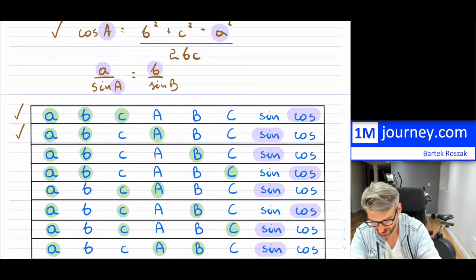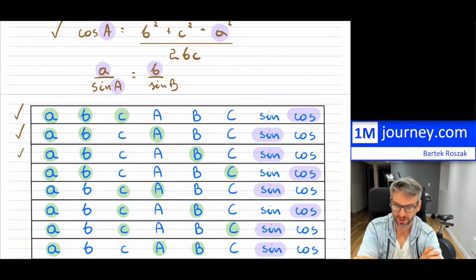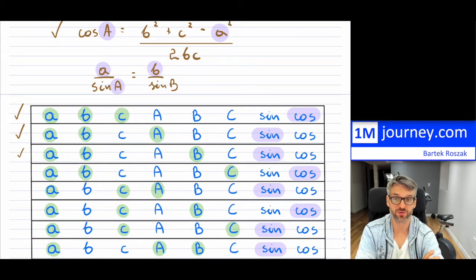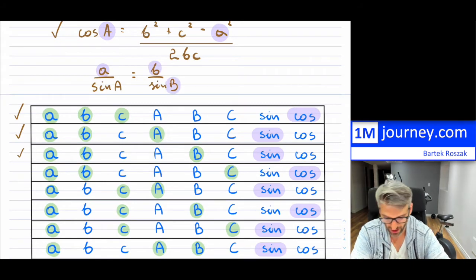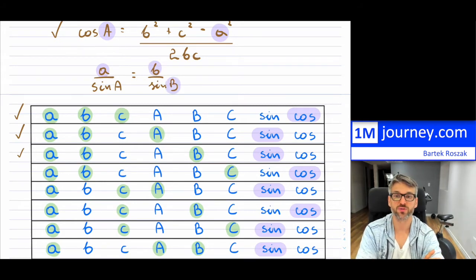Now, in the next row, I have, again, sides a and b given, and now I have angle B given, and nothing else. You can play this game back and forth. It's a little boring, but it's a good exercise to force you to see what you can solve for. In this case, I can solve for the angle A, and that is it.